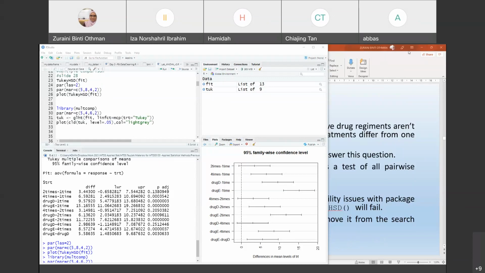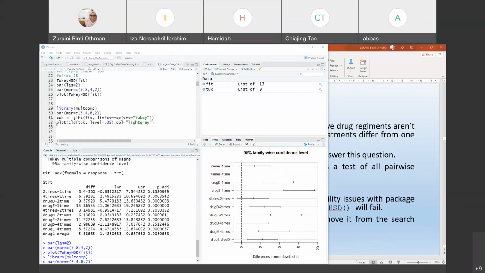Okay, then here, let us look at what this CLD plot looks like. After we get the glht function to fit it, then we plot it by using the box plot.